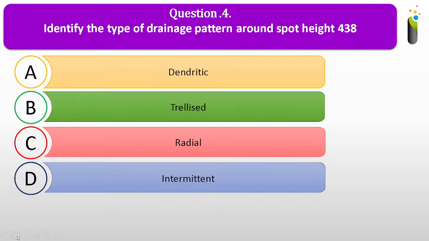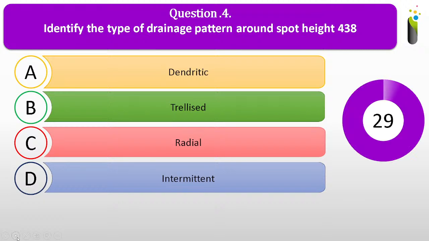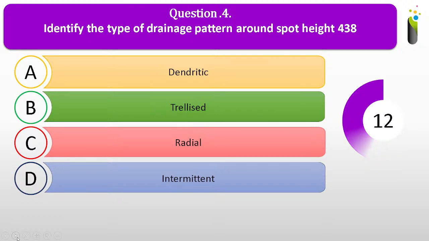What should be the answer for question number 4? Come on. Your time starts now. What is the type of the drainage pattern around the spot height 438?